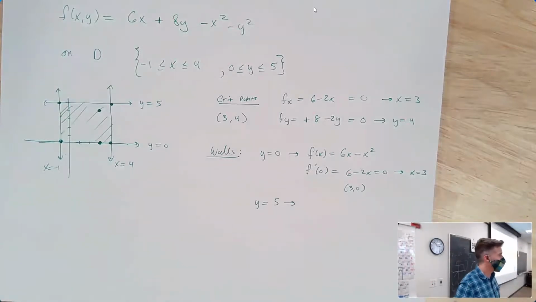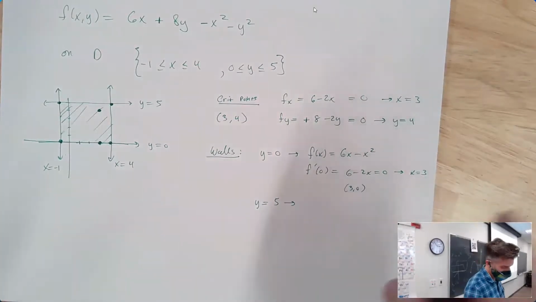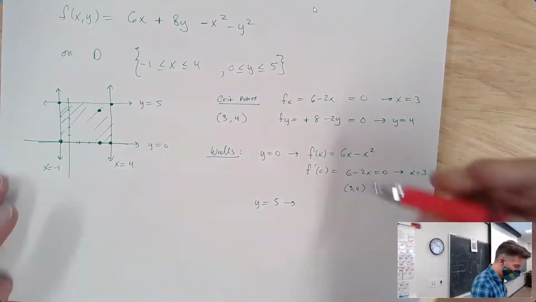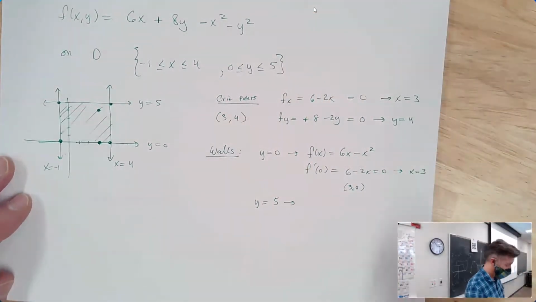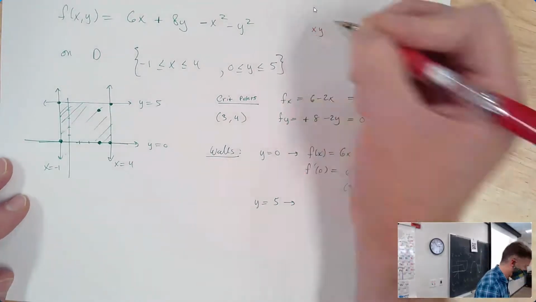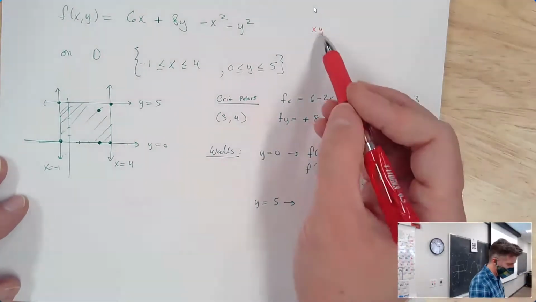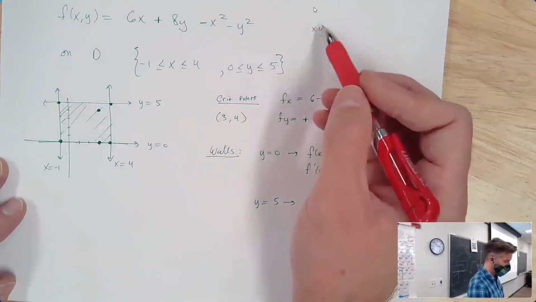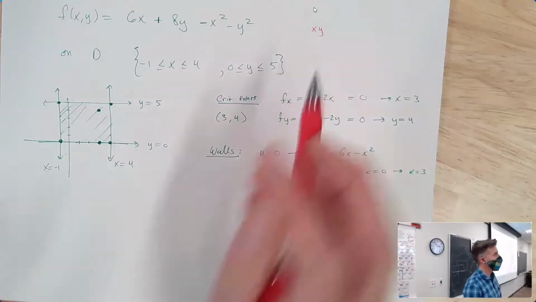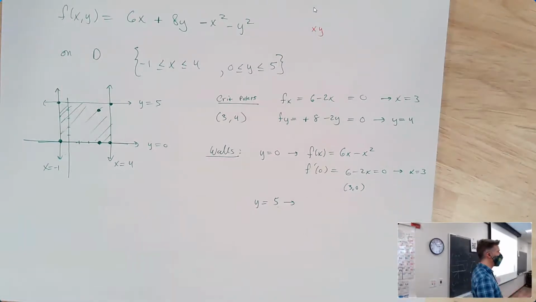For example, if you had an x, y term, then plugging in 0 for y would make the derivative of this non-existent, but plugging in 5 for y, the derivative of this would be 5. So you do get different things happening if you're plugging in y equals 0 or y equals 5. Just not in this problem.